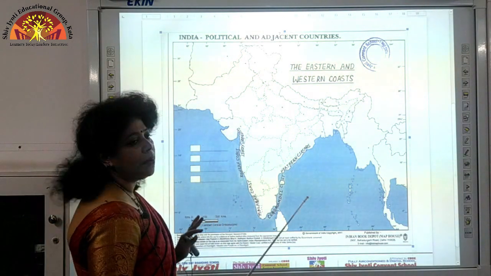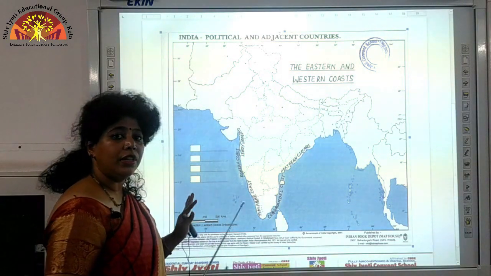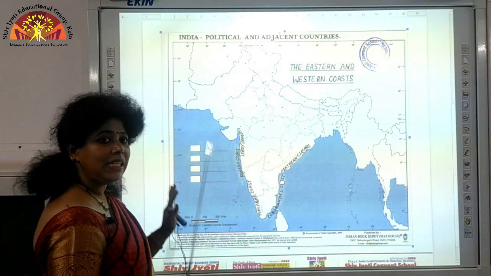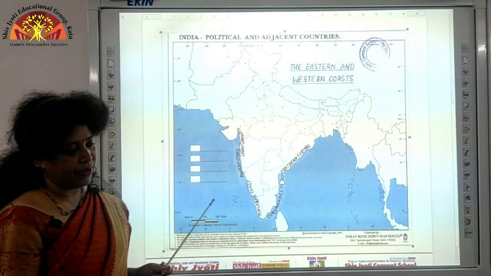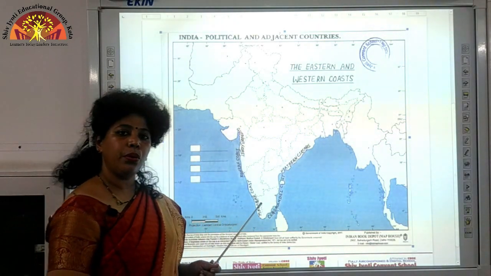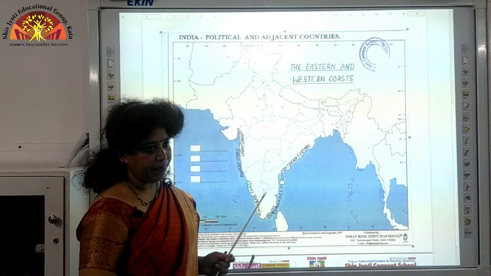So this is your map work. I want you to draw and indicate the map neatly and legibly, children, and this is to be done in your copy work. Let us now proceed to the book work and copy work of the chapter.